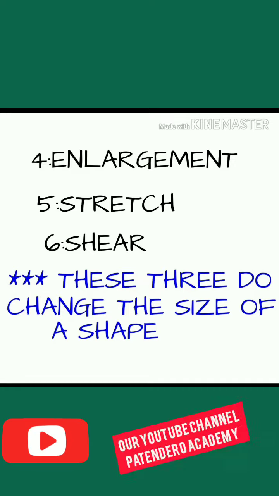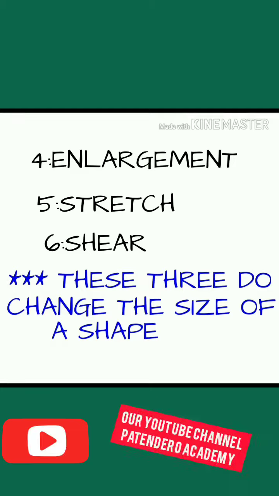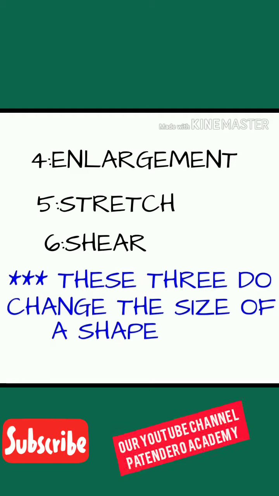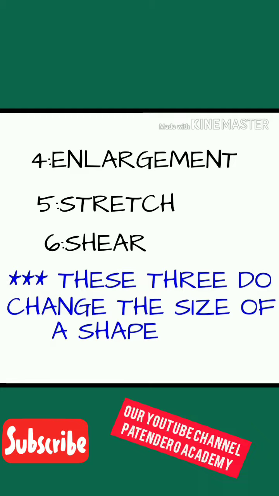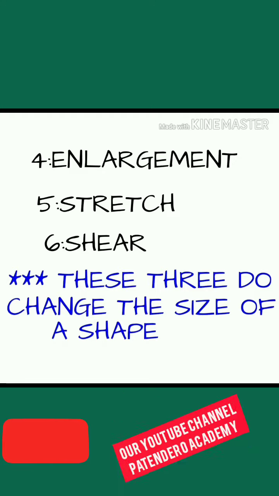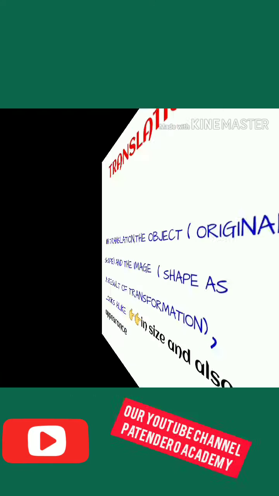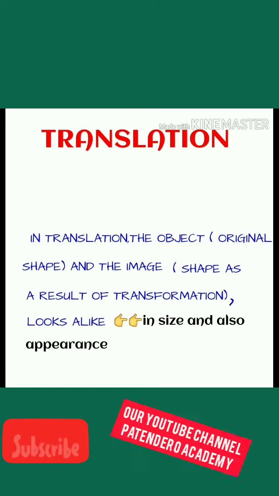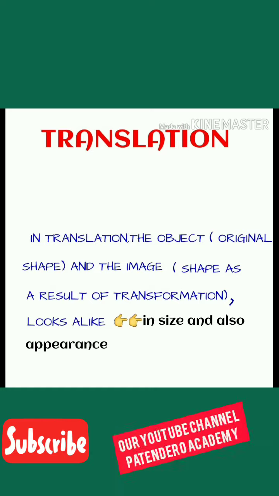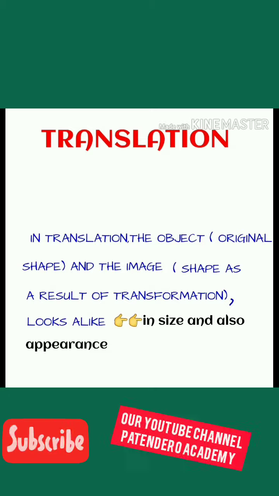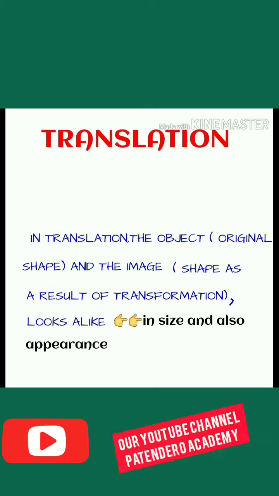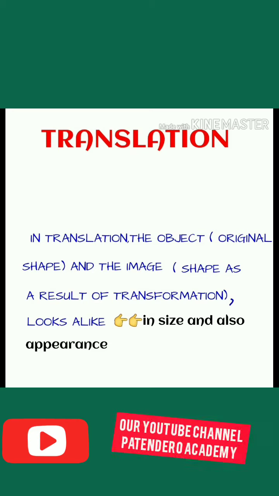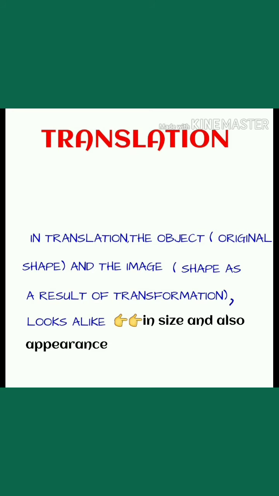I want to go through one by one from translation up to shear, but this lesson will be about translation. So what is translation? To recognize translation, the object and the image will be exactly the same in terms of size and appearance. So how do we tackle questions concerning translation?